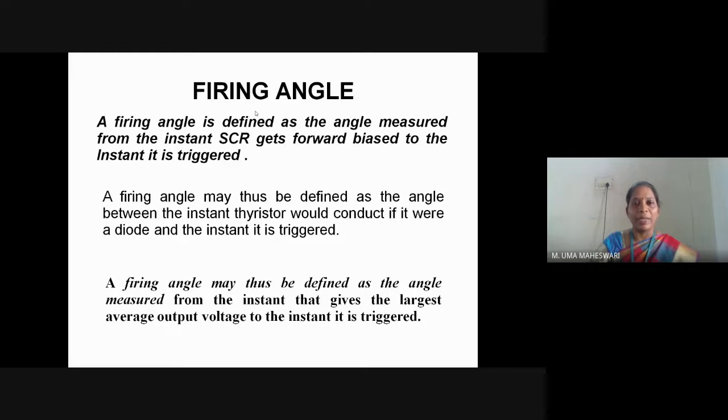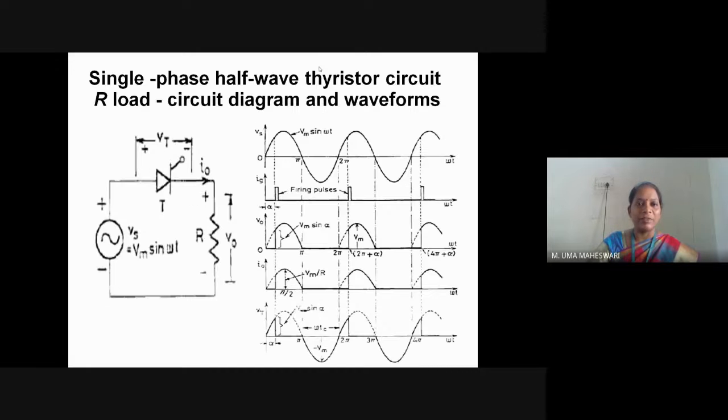Then the SCR is said to be forward biased. Trigger means a delay angle or firing angle is given to the SCR. This difference is known as the delay angle or firing angle, and it is represented by the symbol alpha.